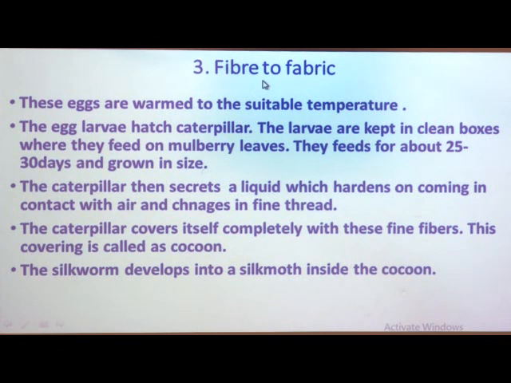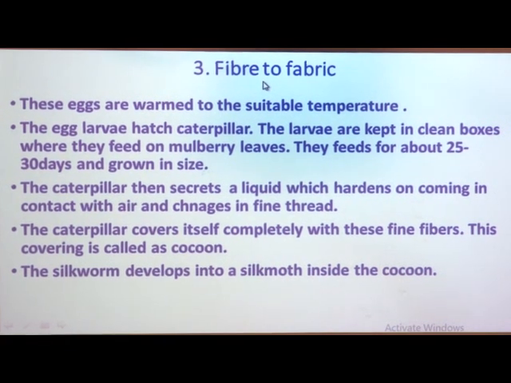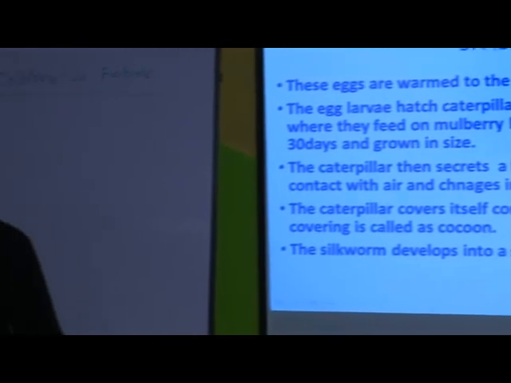These caterpillars continuously eat mulberry leaves, and after eating them for 25 to 30 days, only then do they go to the next stage, which is known as pupa. For this stage we have to keep mulberry leaves in the box where we keep these caterpillars. They feed for about 25 to 30 days and grow in size.